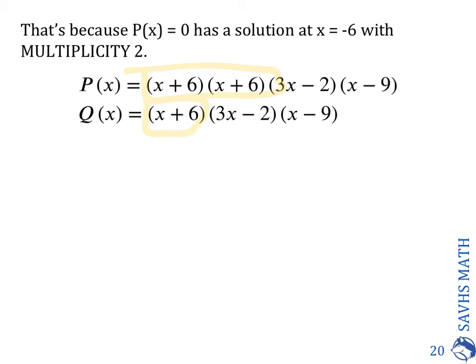These 2 things are different. P of x has a perfect square right here. It's the same thing multiplied by itself. Q of x only has 1 of them. And so because of this situation in P, we can say that there is a solution at x equals -6 for p that has multiplicity 2.